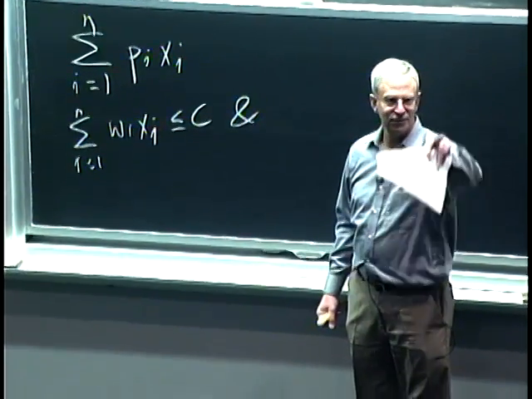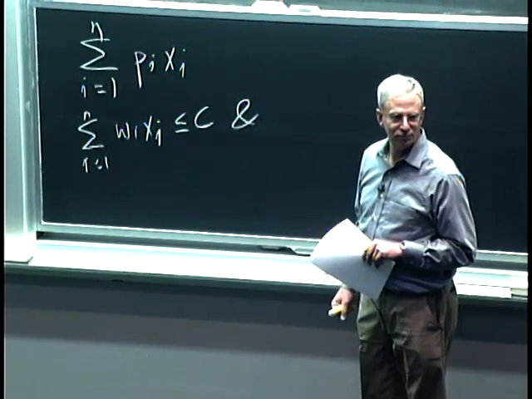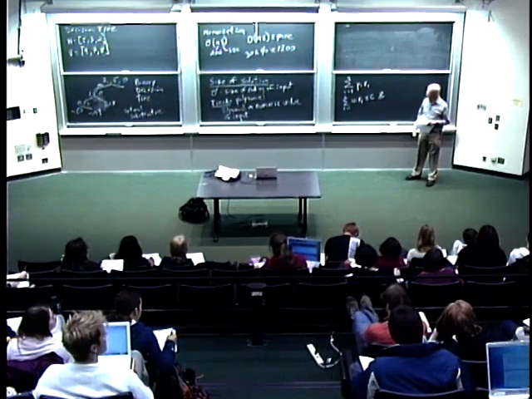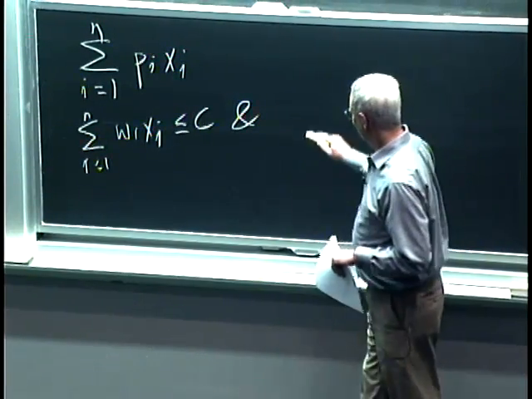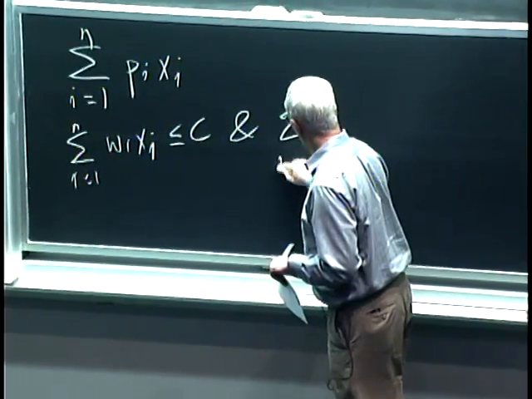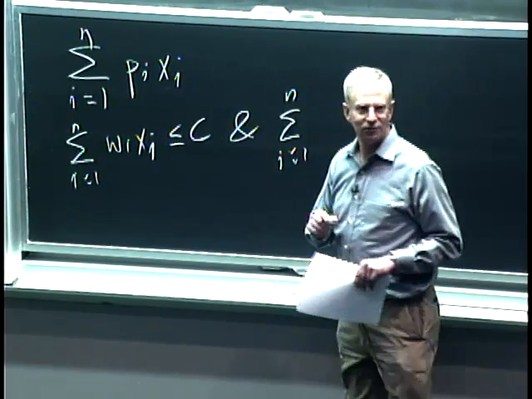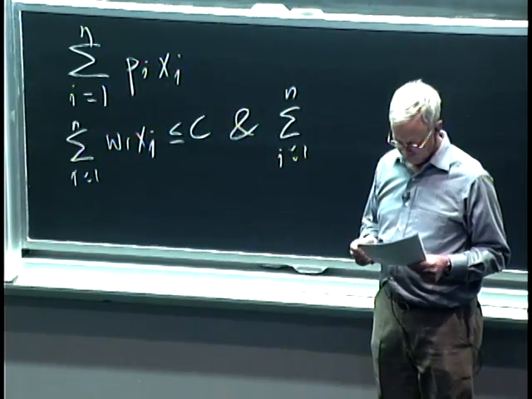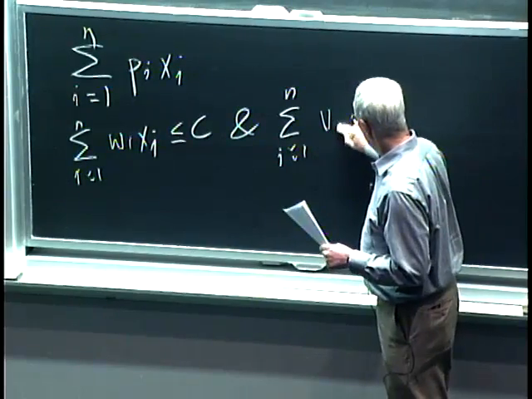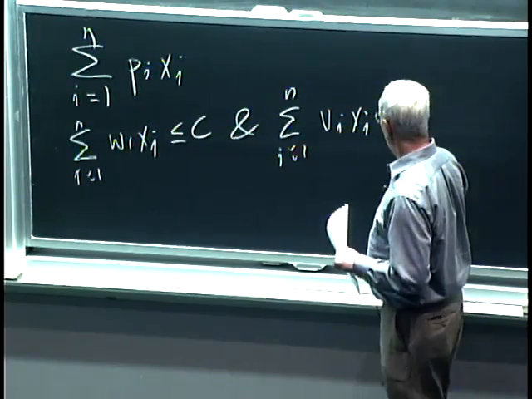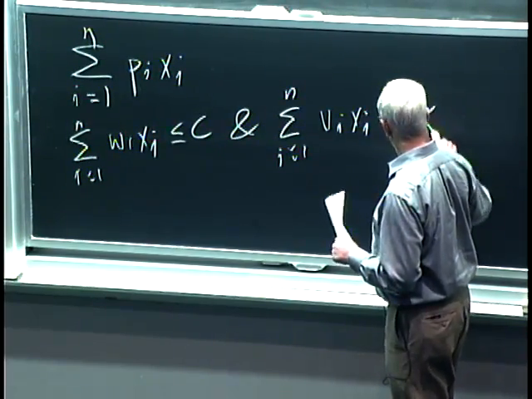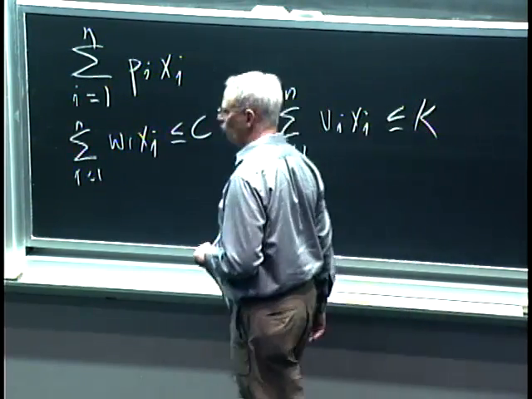You can't exceed the volume that's in the knapsack. Right, but can you state it in this kind of formal way? The sum from i equals 1 to n of, let's say, v sub i, x sub i, is less than or equal to k, which we'll write for the total allowable volume.